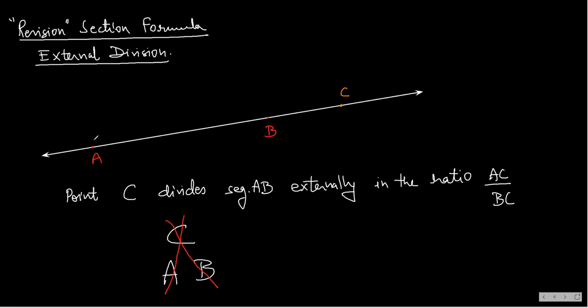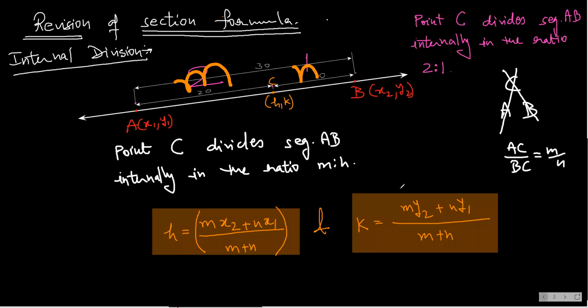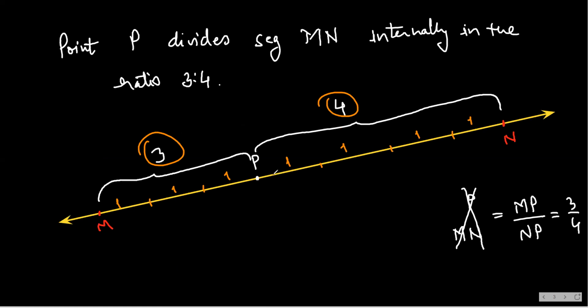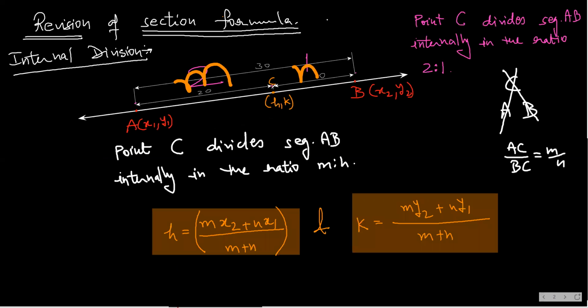The diagram for internal division looked like this. C is dividing AB in the ratio m is to n, or 2 is to 1, whatever. AC is to BC.